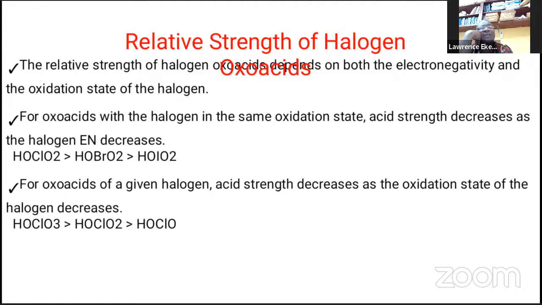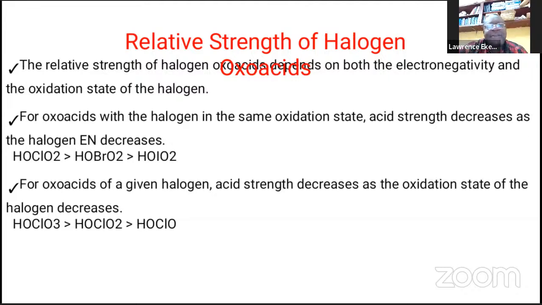There is no difference in oxidation states. If there were a difference in oxidation state, we would say that as the oxidation state decreases, the acid strength decreases. But here they are in the same oxidation state, so the only factor that comes into consideration is electronegativity.